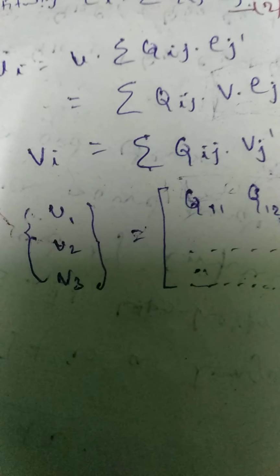Now we'll find out how to find V dash in terms of V. So let us write Vj dash is equal to V into Ej dash, that is the basis vector in the primed system.